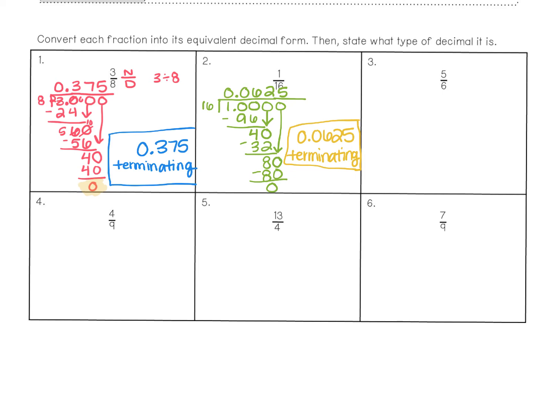The next example is 5/6, or converting 5/6 to a decimal. So I'm going to divide that numerator by the denominator. And I know that 6 can't go into 5. So I'm going to add that 0. I know that 6 will go into 50 8 times because 8 times 6 is 48.